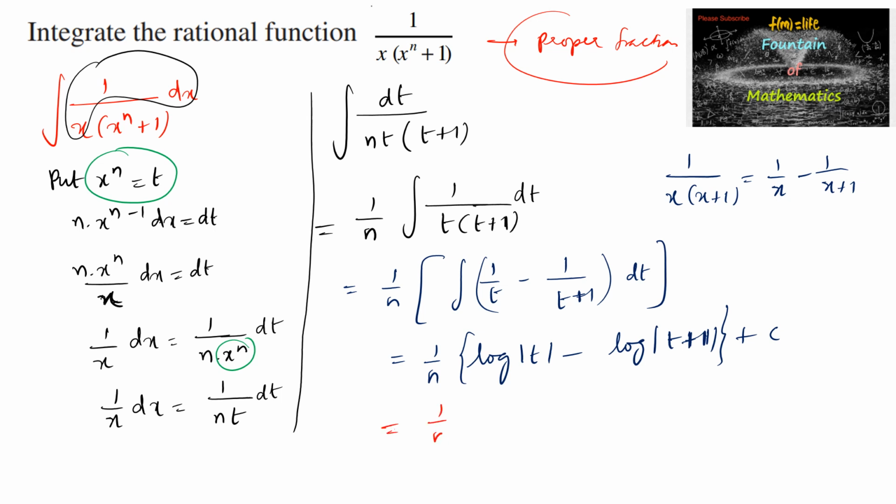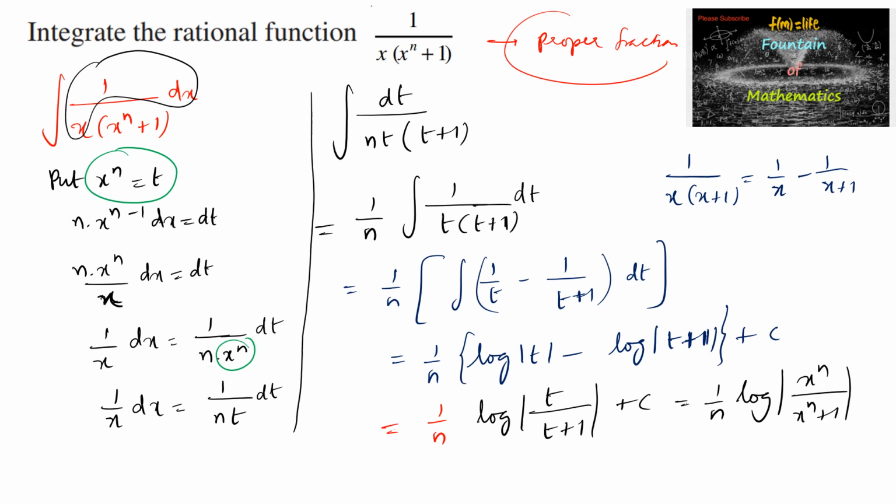So we can write 1 upon n log mod of t divided by t plus 1 plus c, that is 1 upon n log, and t value is x power n, so we can write log of x power n divided by x power n plus 1 plus c is the answer.